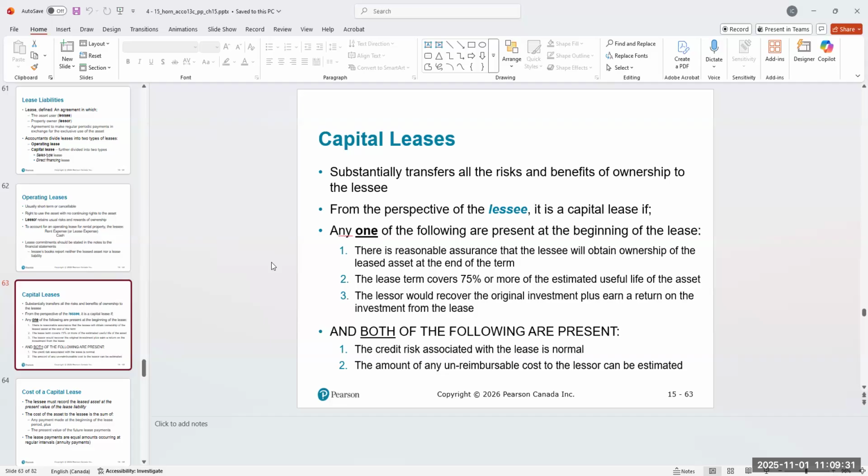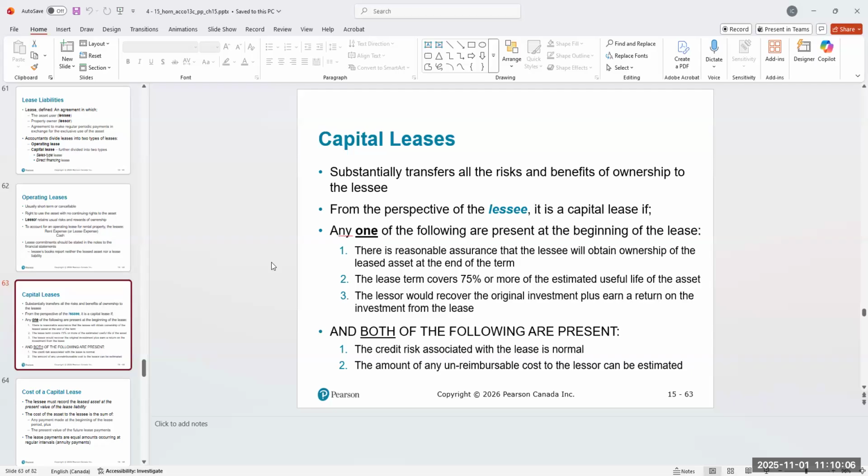From the perspective of the lessee, the lease is capital if one of the following conditions is met. So basically, the definition for the lease in the accounting standard for private enterprises is that you check the lease to see if it's capital. If one of those three is met, the lease is capital. If none of those is met, then it's an operating lease.